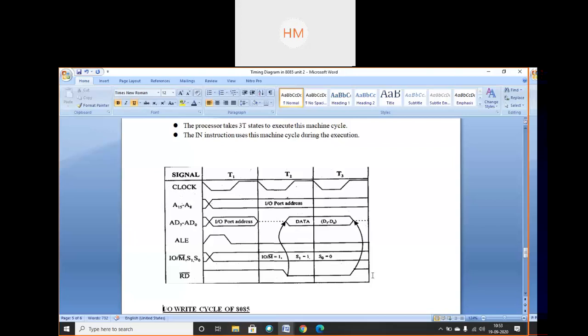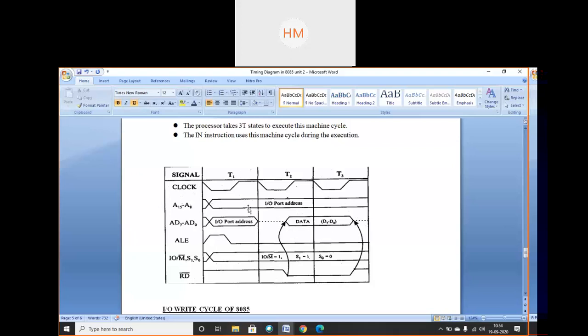Anybody else? Very good, Kiran. IO/M bar is high because we have selected the input output device. It is not an active low signal, it is an active high signal. That's why IO/M is 1. RD bar will go low as soon as I receive the data, so it will start reading the data from the input port.